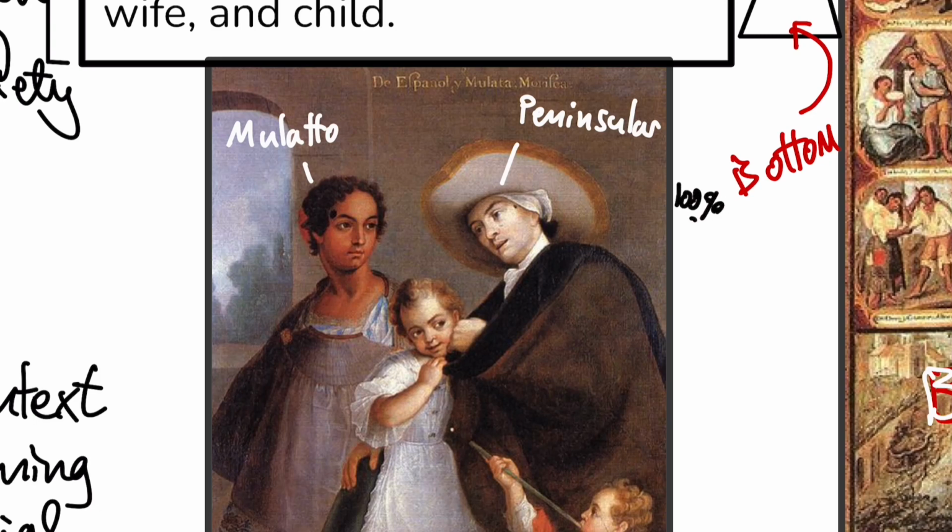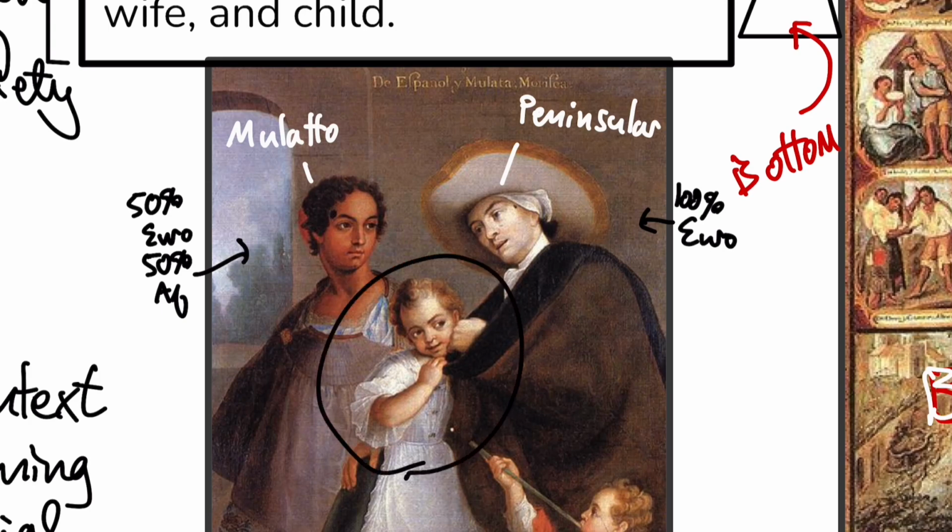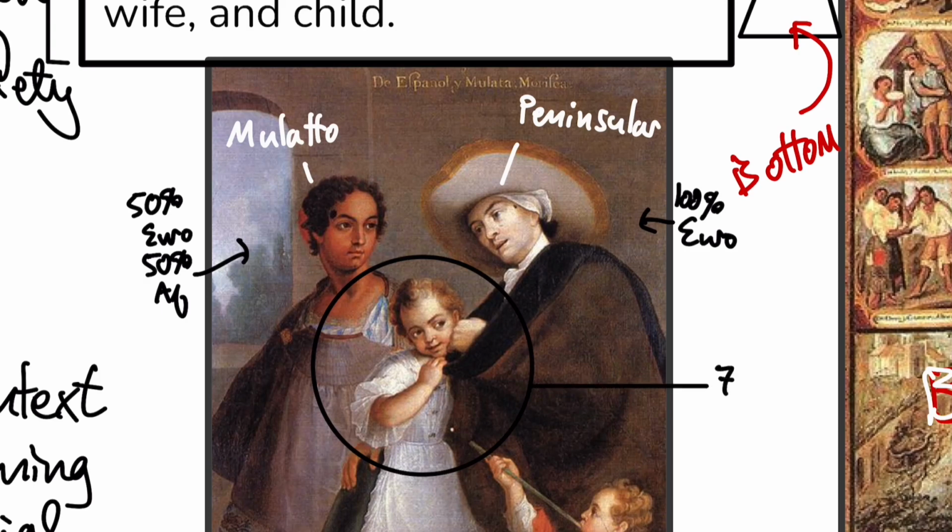The main idea is that you have different castas, different percentages of racial heritage within this painting. So it's not just a painting of everybody is European or everybody is Native American. Instead, you have multiple different casta levels within a family.